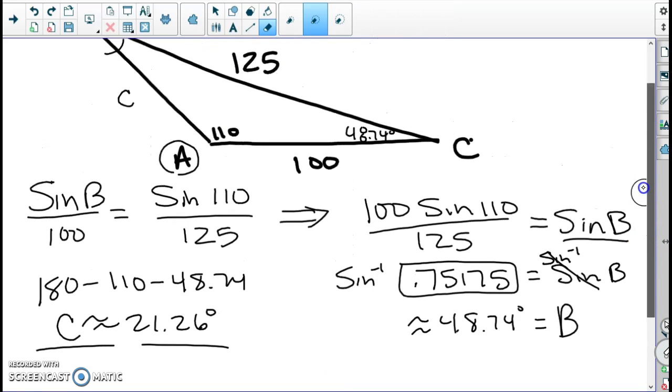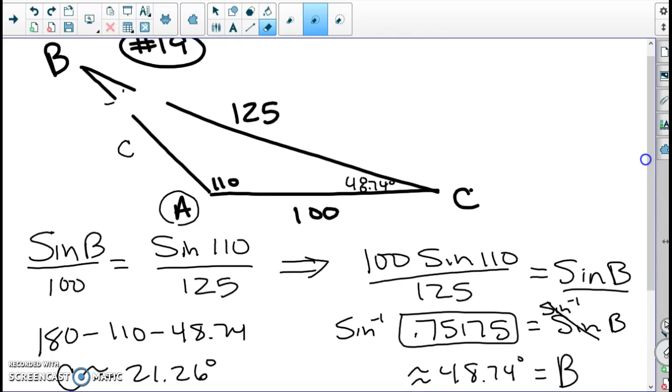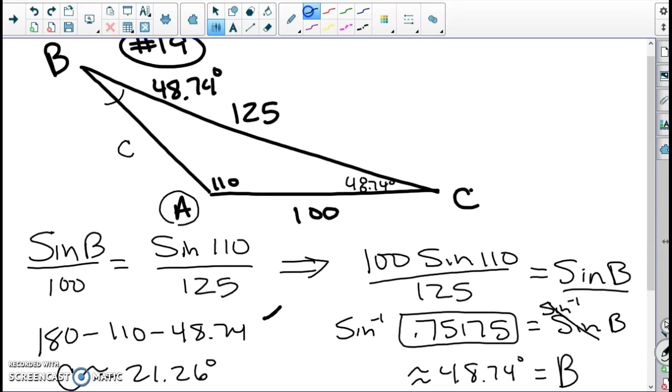And so labeling our triangle, 48.74 goes up here. And then this little calculation down here, we're going to find the angle C, which I had not put in there correctly. We're going to find angle C to be roughly 21.26 degrees.